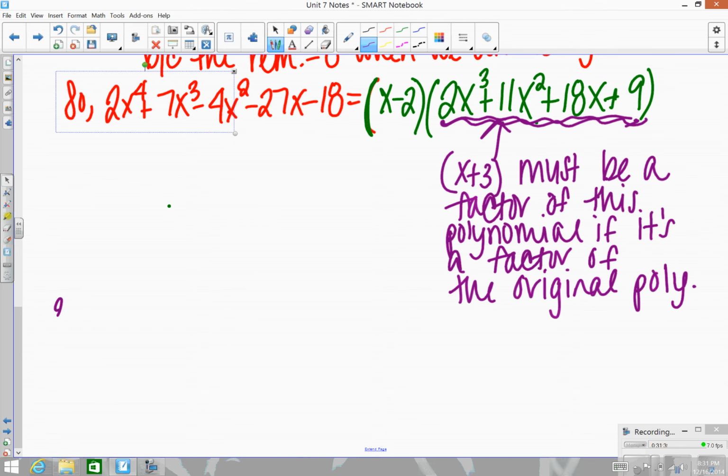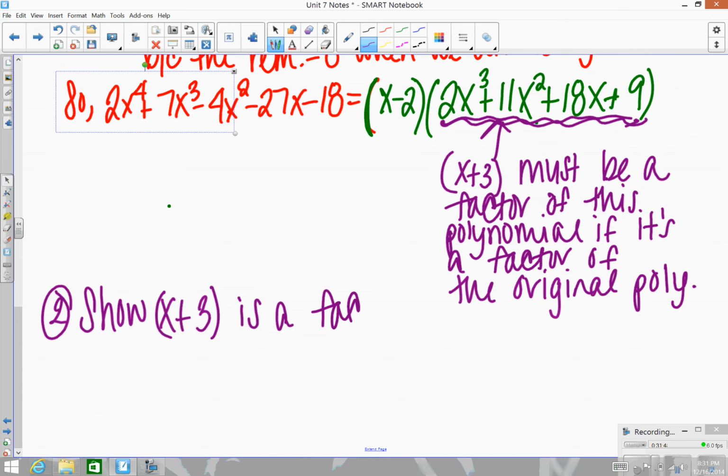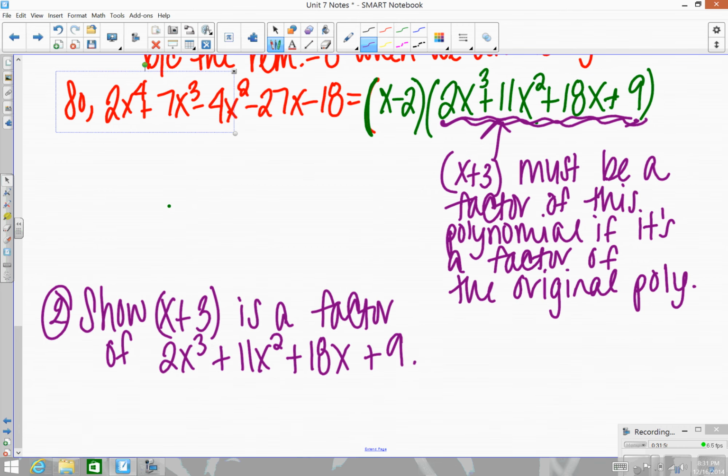So my second part here is going to be to show x plus 3 is a factor of 2x to the third plus 11x squared plus 18x plus 9.